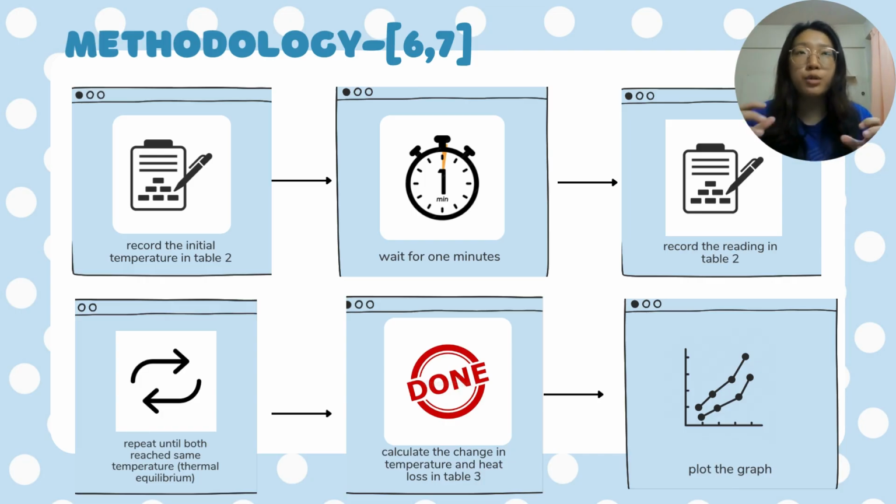After 1 minute, we record the temperature readings in table two, and then we repeat the step until the hot coke and the cold milk are at the same temperature, which is equilibrium. After that, we calculate the change in temperature and the heat loss, and then we plot the graph.